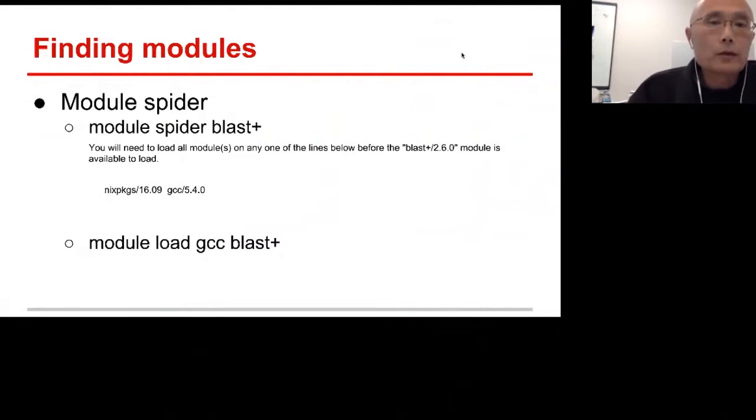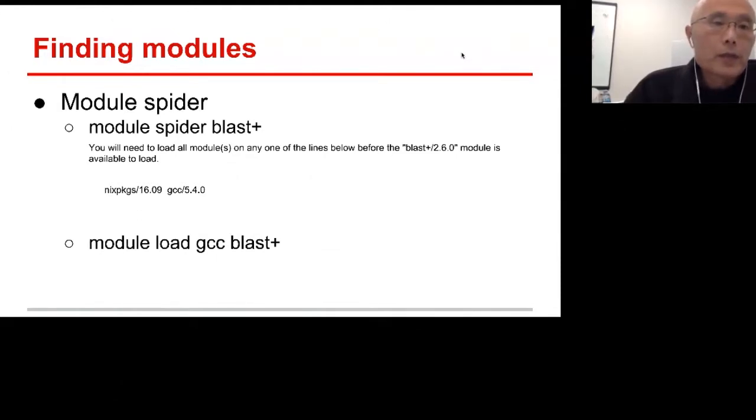But if you don't find what you're looking for, what you can do is the module spider command. For example, you may have noticed or not noticed, there is no blast plus when you do the module avail command. To find it, you would have to type module spider blast plus. And then you'll get a message saying that you'll need to load the following modules.